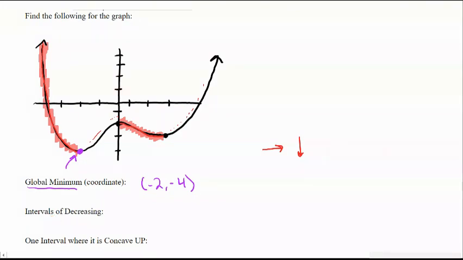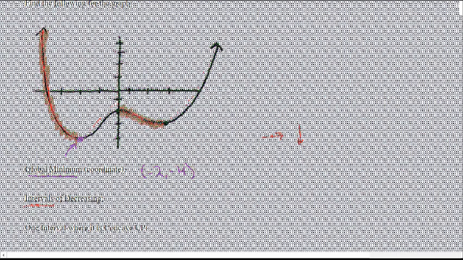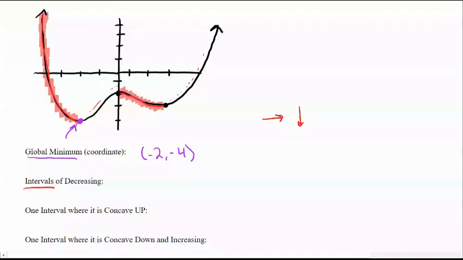When I am talking about an interval, this is important, the interval is where is it decreasing, and where is always going to be talking about the x values. So we say for this first section here that from -infinity, because it goes on forever to the left there, all the way to -2, it is decreasing.